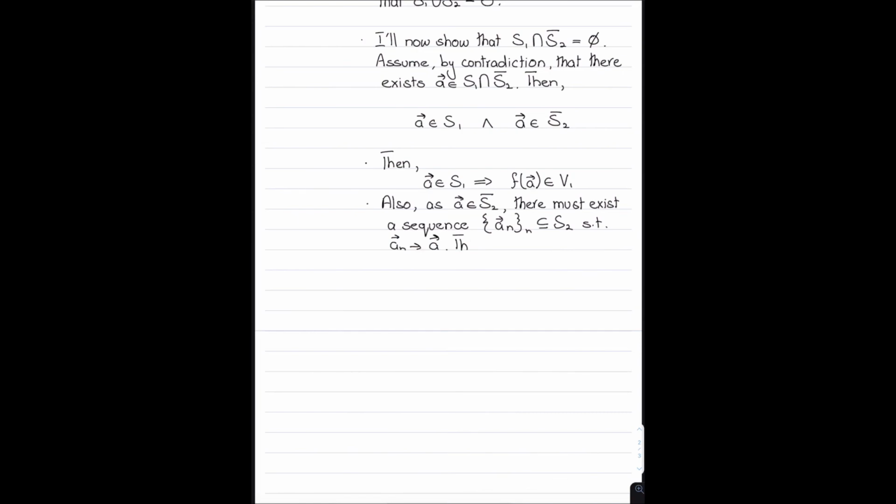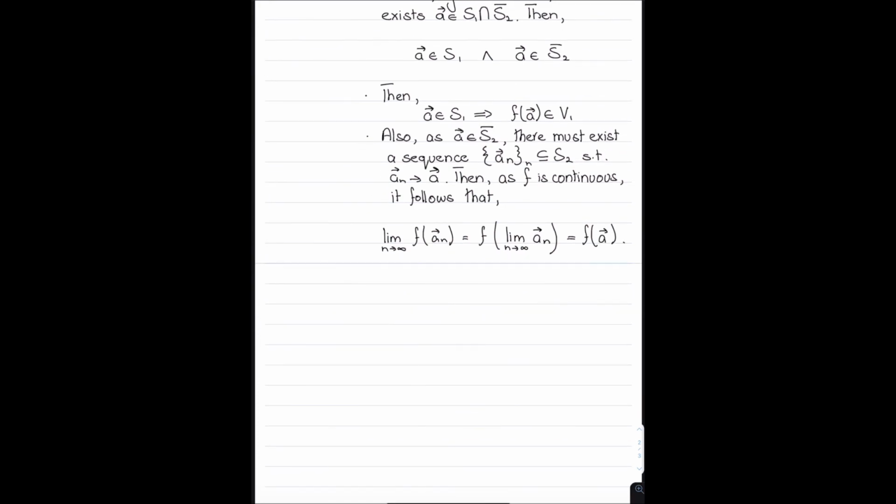Then, as f is continuous, it follows that the limit as n approaches infinity of f of a_n is equal to f of the limit as n approaches infinity of a_n, and this is equal to f of A. Thus, by definition, f of A is in the closure of V2.